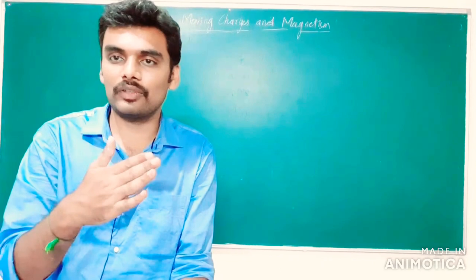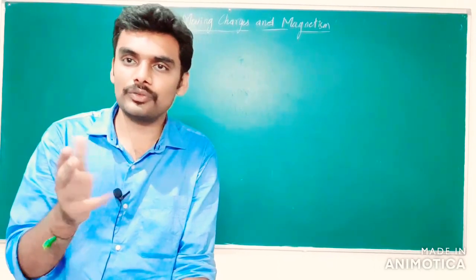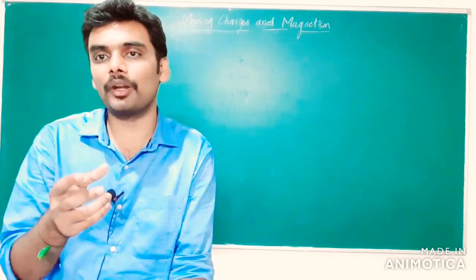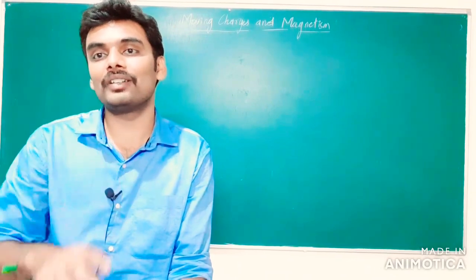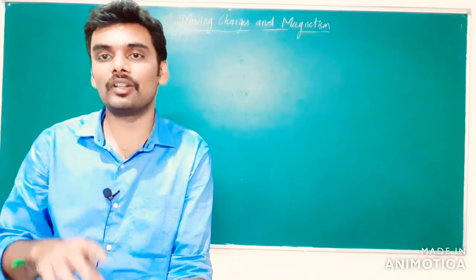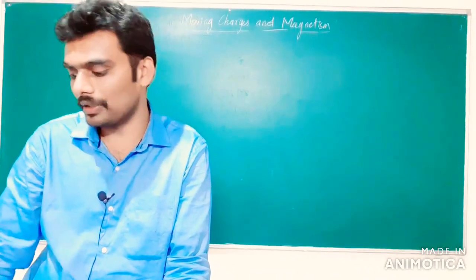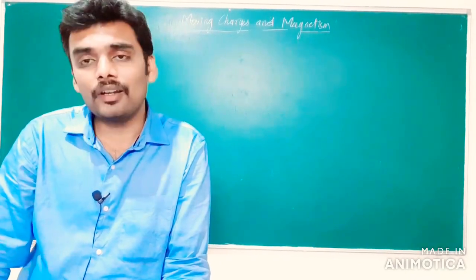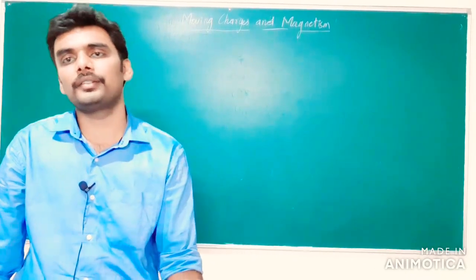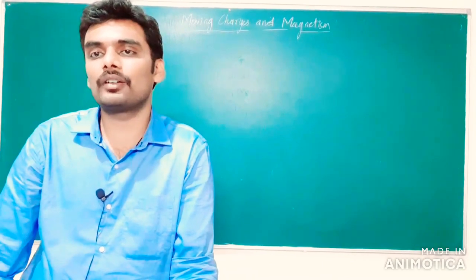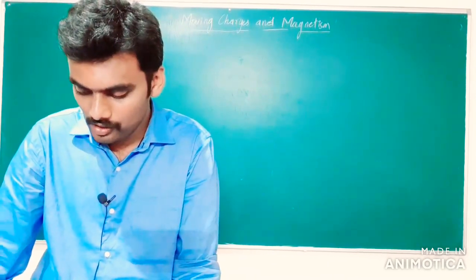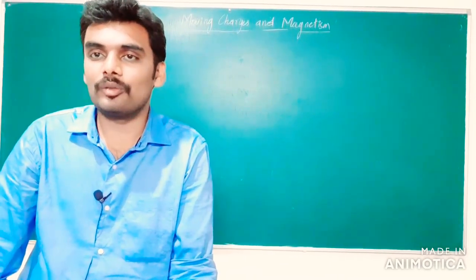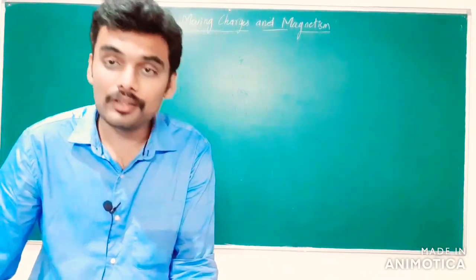More the current, more the deflection. Lesser the current, lesser the deflection. So we can make use of this property to make a measuring device of current, isn't it? Not only current, we'll also do it for voltage, and we'll discuss the construction and working of moving coil galvanometer with the actual galvanometer in the next class. Thank you.